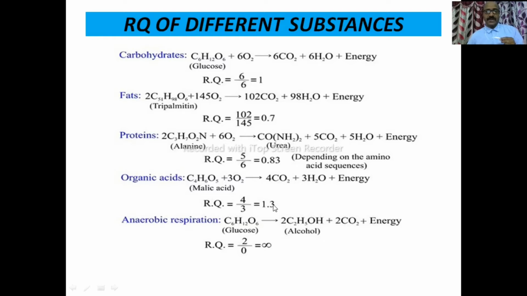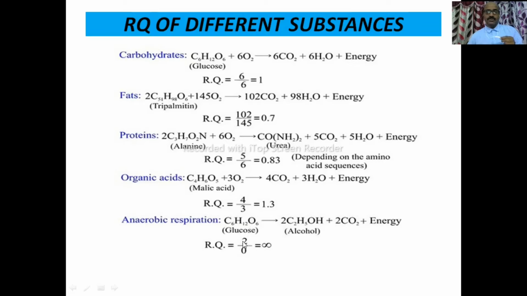But in anaerobic respiration, there is no utilization of oxygen, but 2 molecules of carbon dioxide are evolved. So the RQ value should be carbon dioxide, which is 2, divided by oxygen utilization, which is 0.